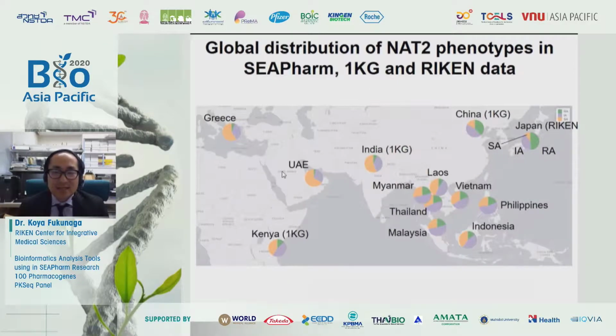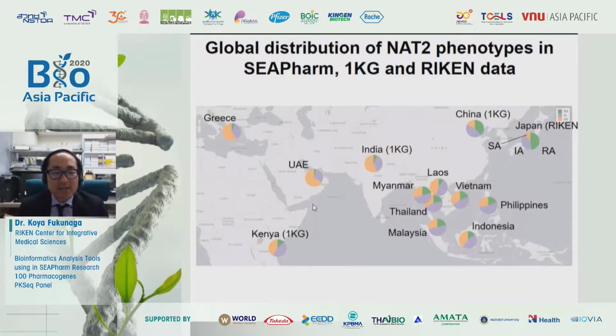Using this strategy, I showed the global distribution of NAT2 phenotype from NAT2 genotype in SEAPharm data. As we can see, in Greece, UAE, and India, the slow acetylator frequency was relatively higher than in the Southeast Asian countries.